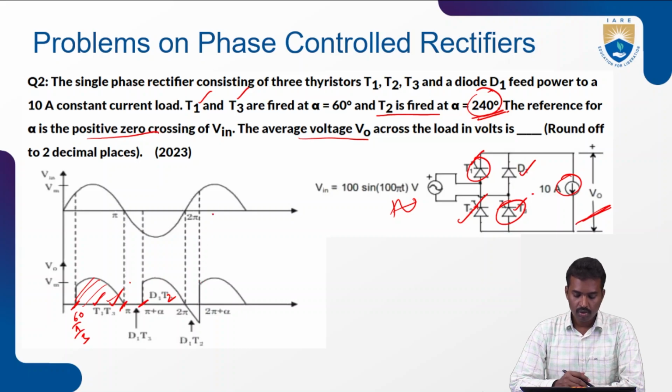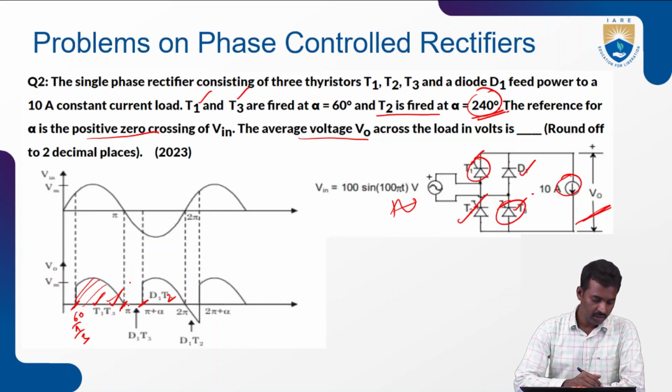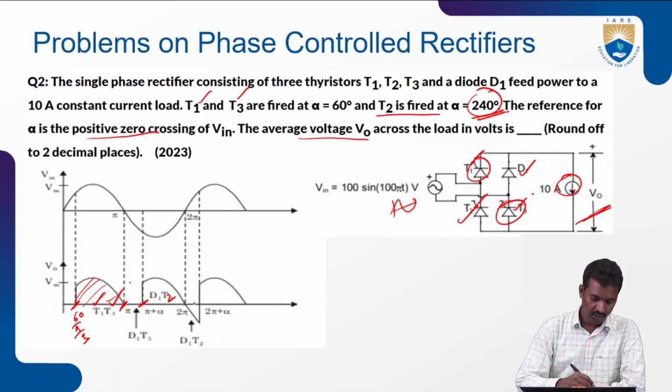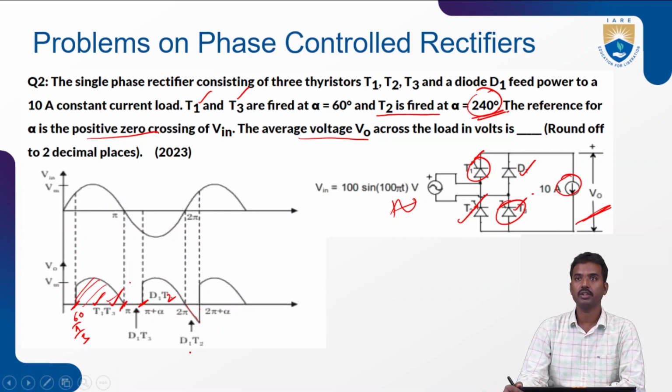There is no negative output voltage when both are thyristors, but here there is a negative voltage. T1, T2 and D1 switches will conduct.